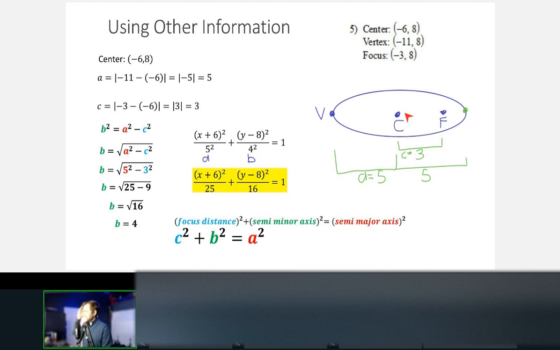Counting from the center to the focus point going to the right, that's 3 units. So by graphing these, we can avoid using these equations. It's really up to you how you want to approach it. These are puzzles. These are definitely puzzles.